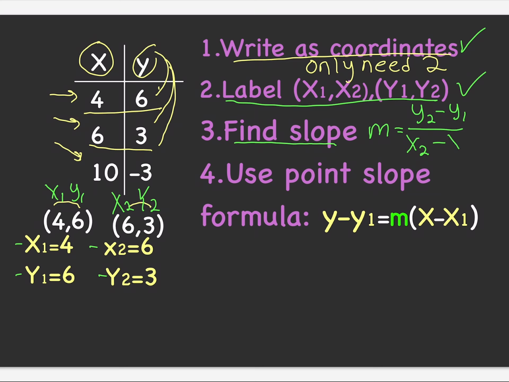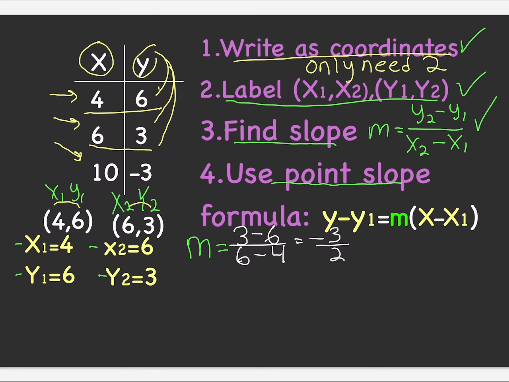In other words, the second y coordinate minus the first over the second x coordinate minus the first. Putting that into the formula, m equals y2, which we listed as 3, minus the 6 for y1, over 6 minus 4, which is x2 minus x1. That all simplifies to negative 3 over 2, so our slope is negative 3 halves.